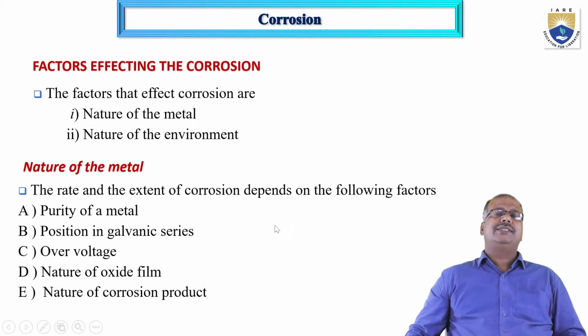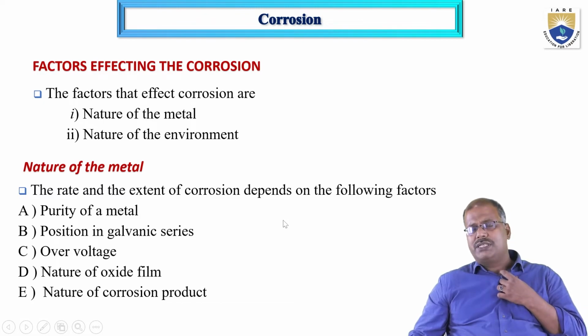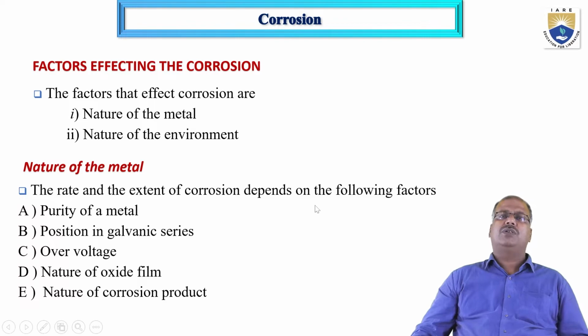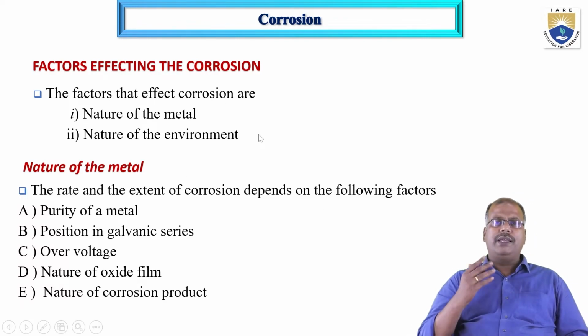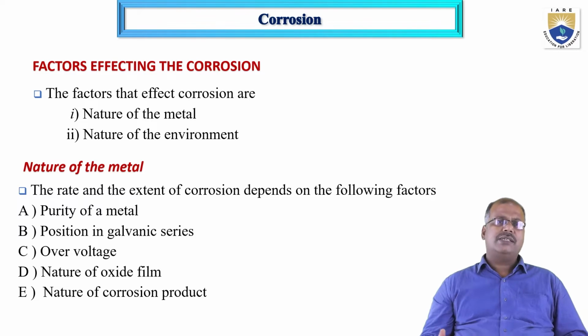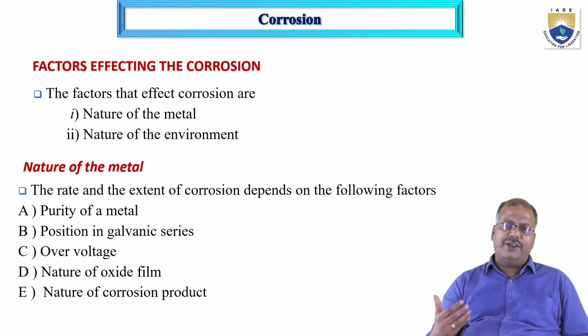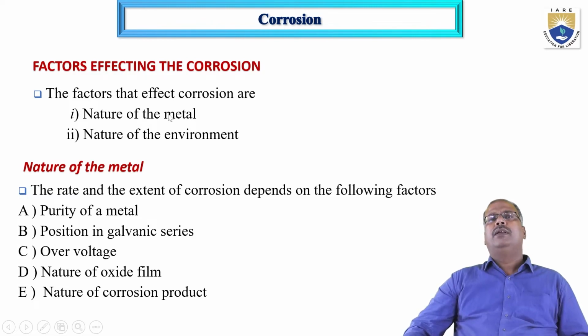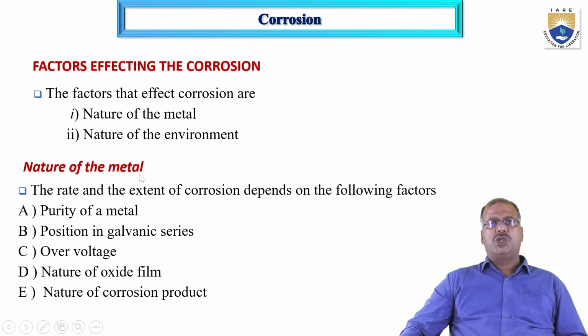Next, some of the points which can affect the rate of corrosion, factors affecting the corrosion. Basically there are two types: one is due to nature of the metal, and another one is due to nature of the environment. First we will see the nature of the metal.